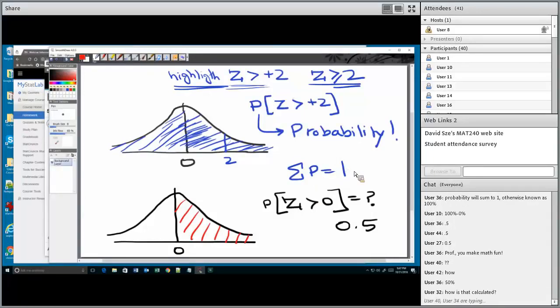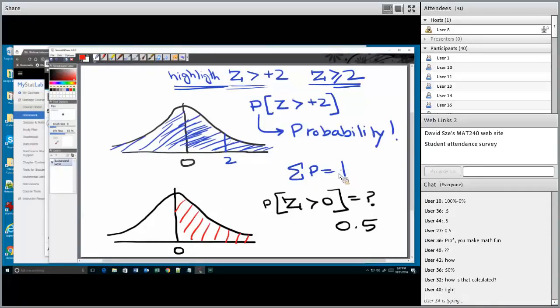So who asked that question? Cheryl. So Cheryl, do you agree that we said that the probability under the entire curve is 1? If you agree with that, then we just said that the center cuts the graph in half. So wouldn't the probability greater than 0 then be 1 over 2 or 0.5, right?